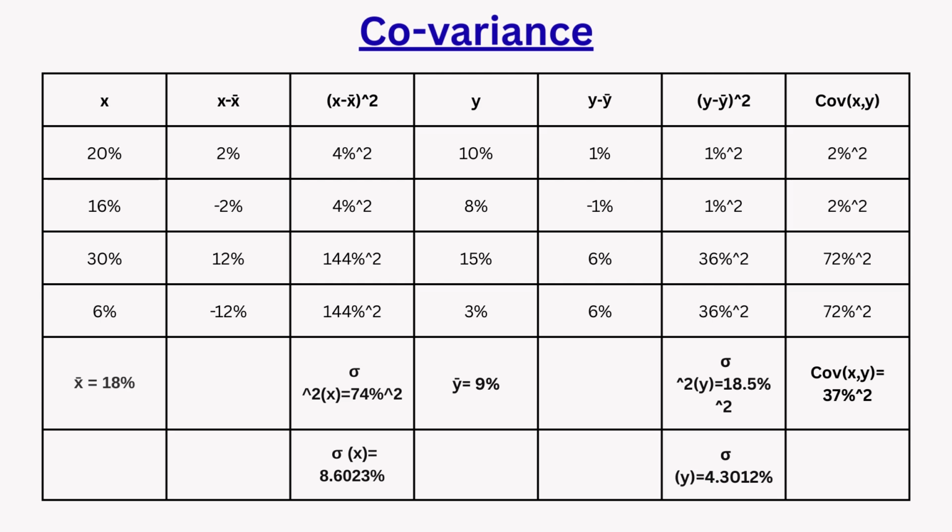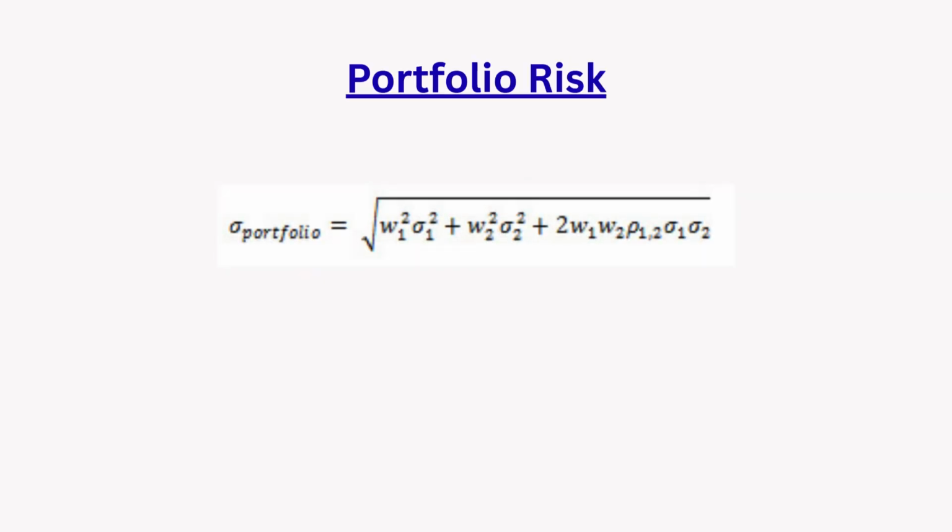Now, when you know what is average risk, that is the standard risk, right? Standard deviation, we can find the portfolio risk finally. So, the formula for portfolio risk is weight square into variance of x plus weight square into variance of y plus remaining weight into covariance of xy, the whole root.